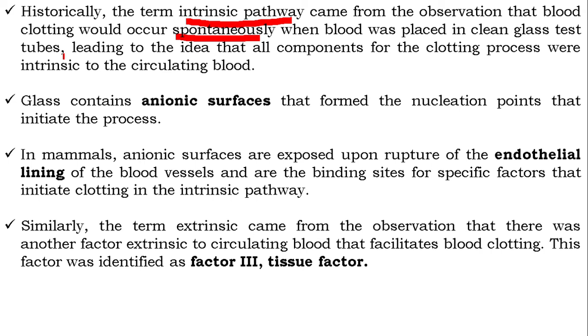That means some factors present in the blood are sufficient to cause this blood coagulation. Later it was known that some anionic surfaces are required, and the glass surface is providing the anionic surface. Upon the surface, nucleation occurs. Nucleation means formation and accumulation of those protein factors, leading to blood coagulation.